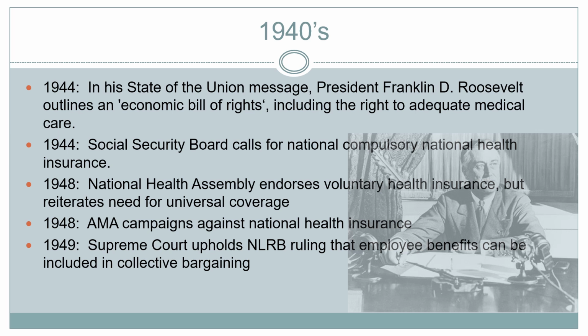In 1944, the Social Security Board called for national compulsory health insurance. You had the beginnings of incorporating access to health care within things such as collective bargaining agreements. So you were starting to see it percolate as a political issue back in the 1940s.